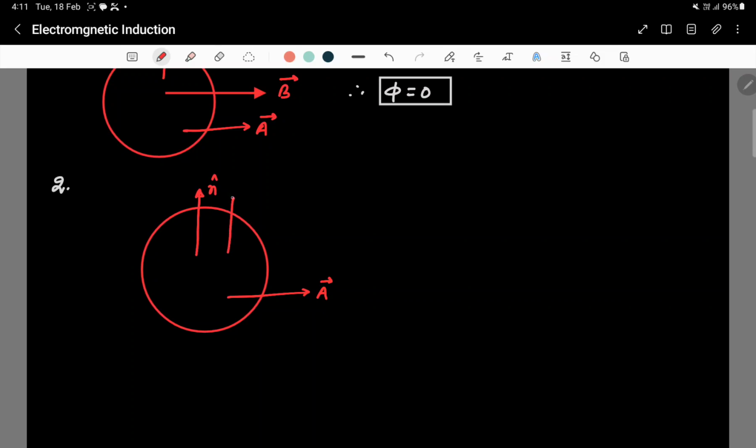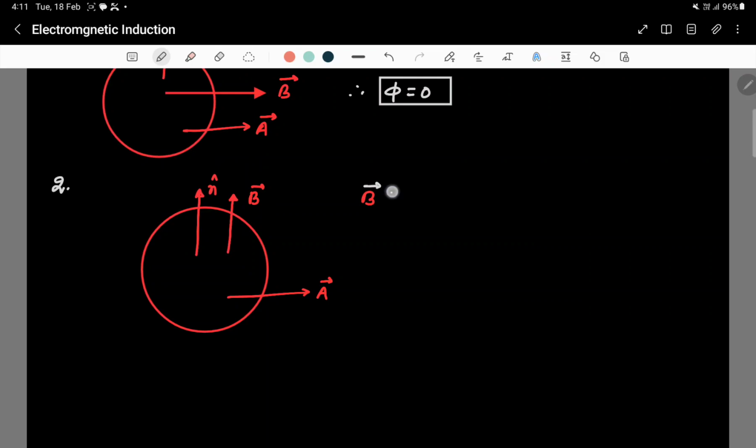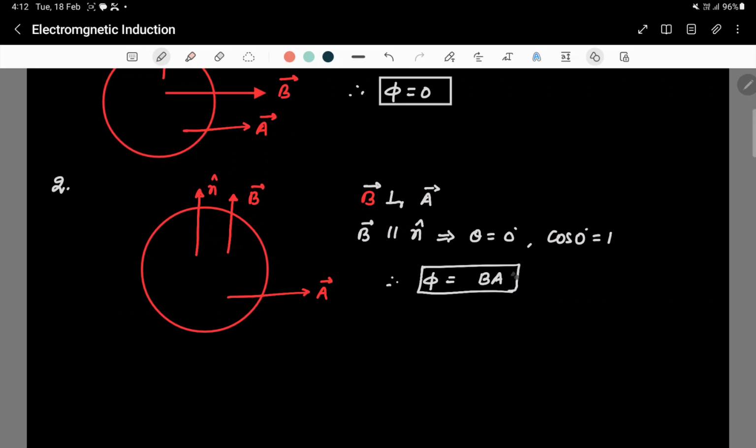If the magnetic field B vector is perpendicular to surface area, but B vector is parallel to unit vector, it means theta equal to 0 degree, so cos 0 equal to 1. Therefore, flux equal to only BA. Clear? Yes.